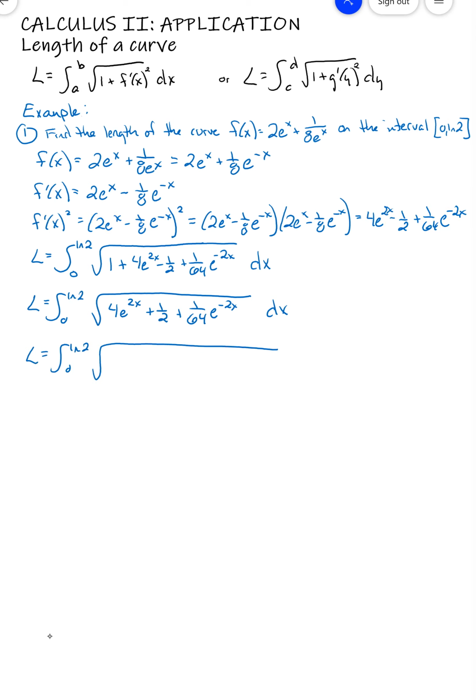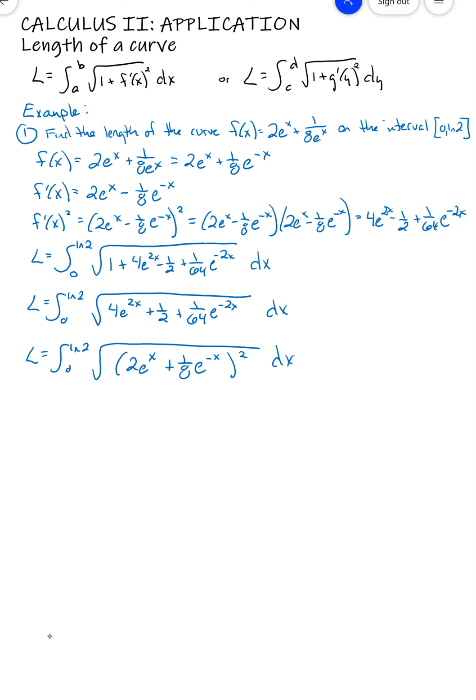Check this out. Inside here, we end up with 2e to the x plus 1/8 e to the negative x quantity squared. Isn't that lovely? Again, I'm just using the connection that I see between those two, and I'm changing that sign. I had a negative here, which came from that negative here. In this case, though, I have a positive, so it's the same thing, only with a positive.